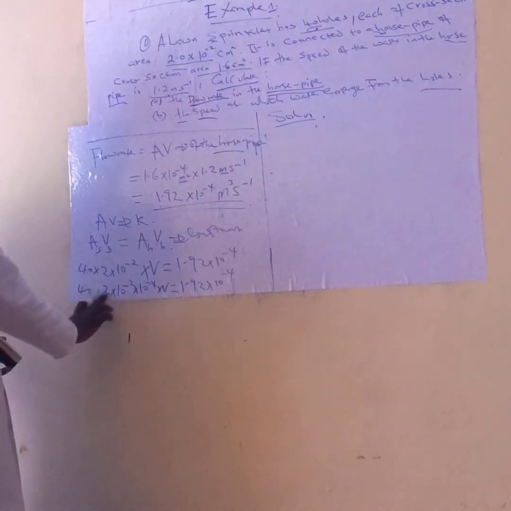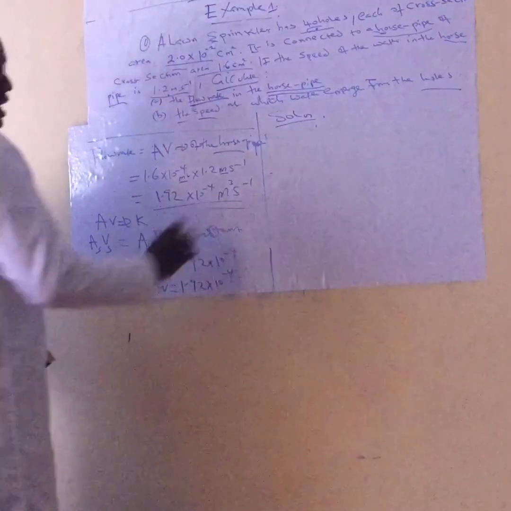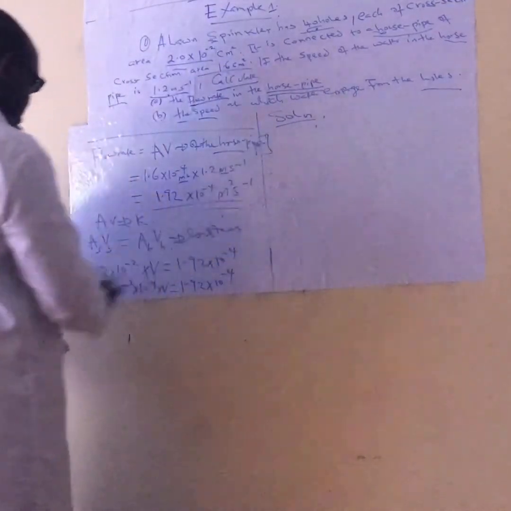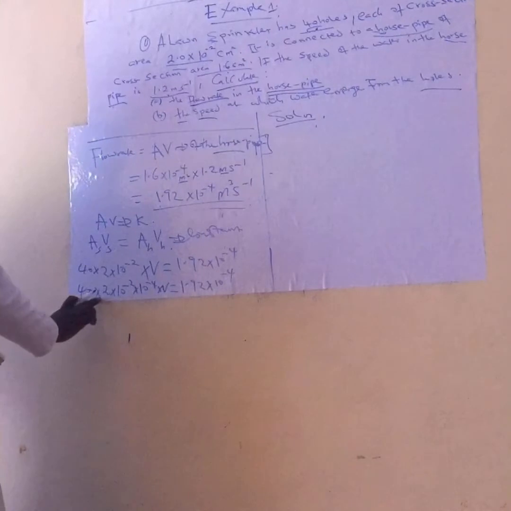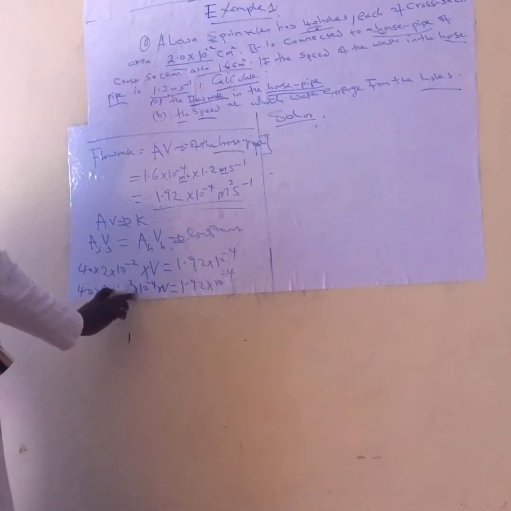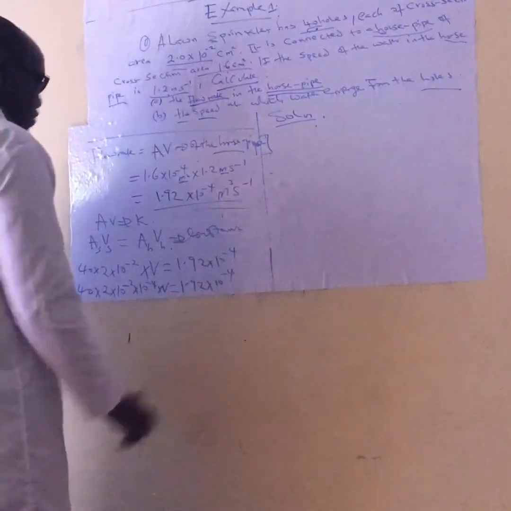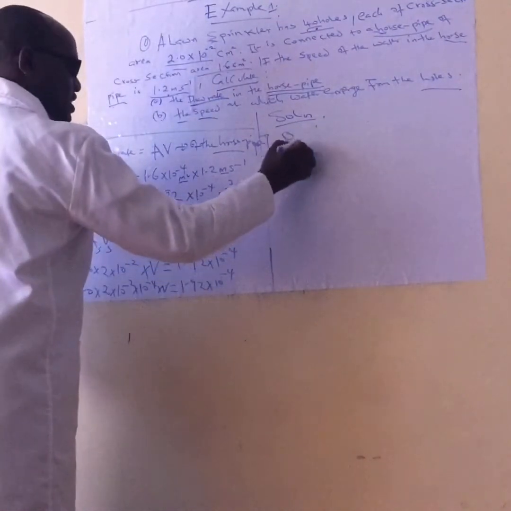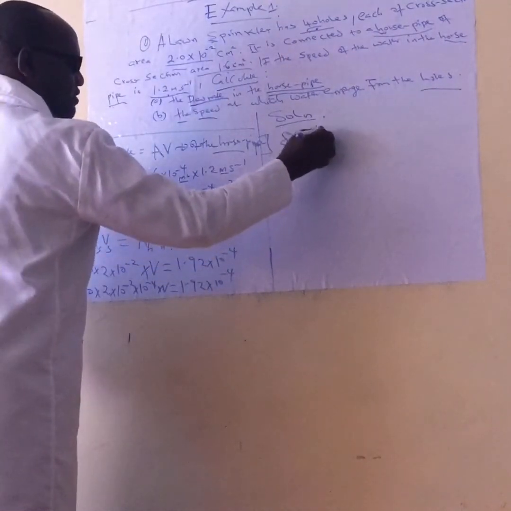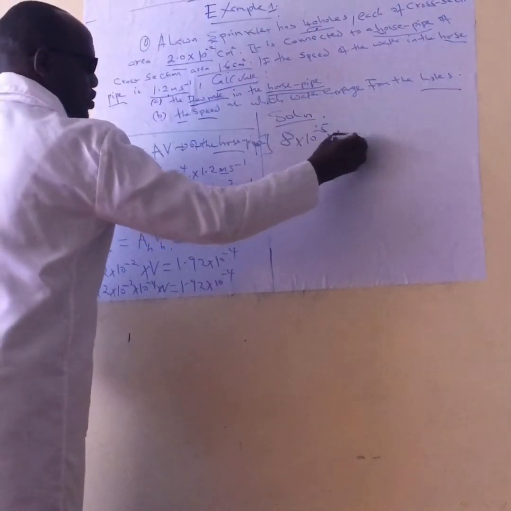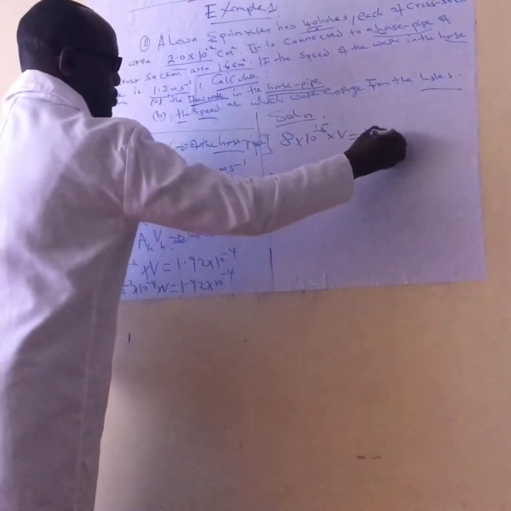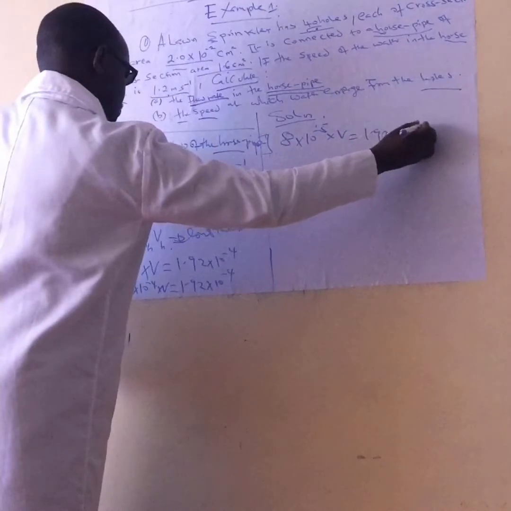Use a calculator: 40 multiplied by 2 times 10 power negative 2 times 10 power negative 4 should give us 8 times 10 power negative 5. So 8 times 10 power negative 5 times v should be equal to 1.92 times 10 power negative 4.